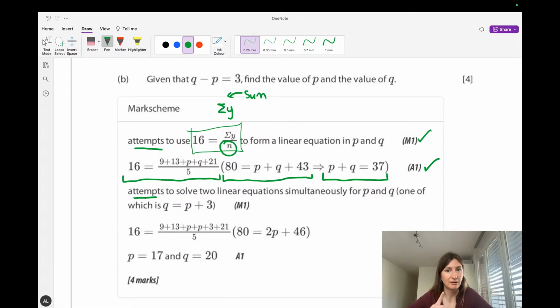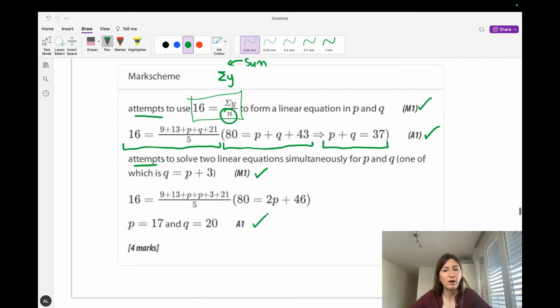Never leave a question blank, even if you have no idea what to do. Rather be wrong than have nothing at all. So attempt, lovely. You tried to solve a simultaneous equation, 1 mark. And then finally, you just got 1 mark for P and Q. So that's not very friendly, but anyway, there's a lot of method marks to be won.